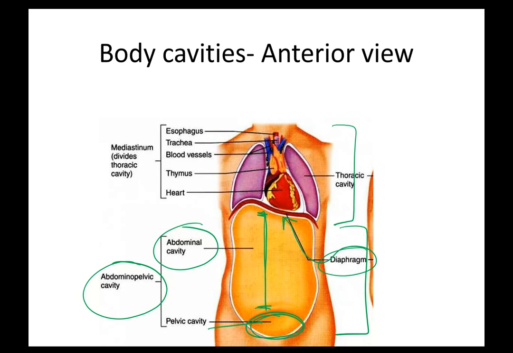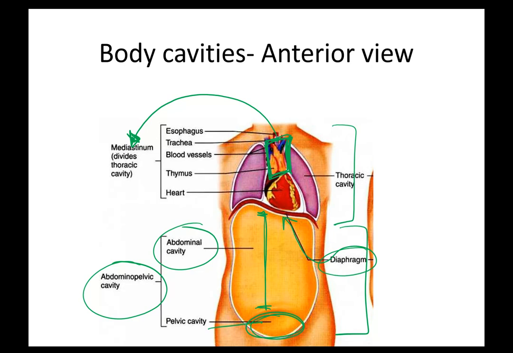But up in the thoracic cavity, you actually have four different cavities. Above the heart, there's this weird square-shaped cavity called the mediastinum. This houses the thymus, your superior vena cava, part of your esophagus, part of your trachea.